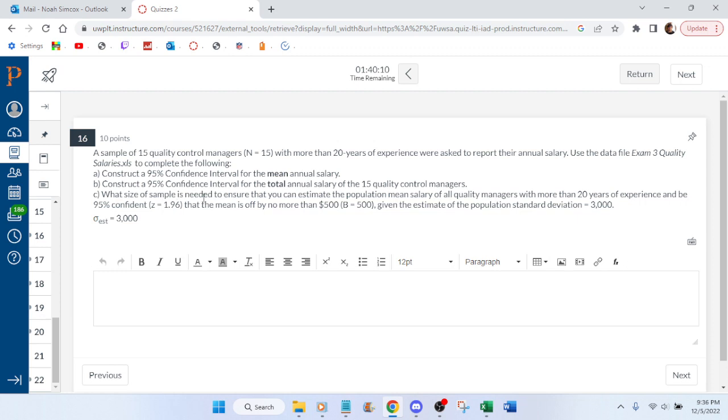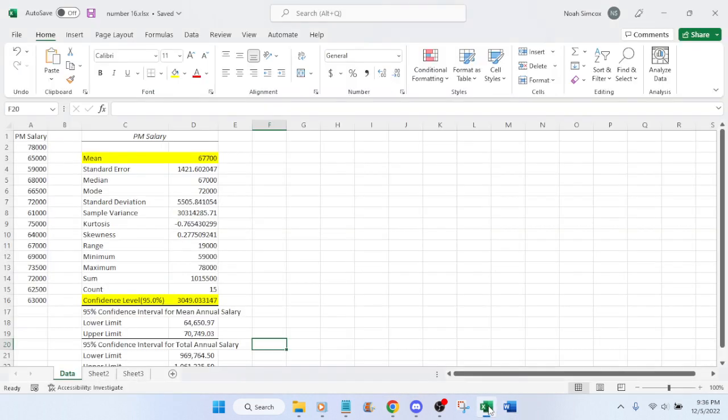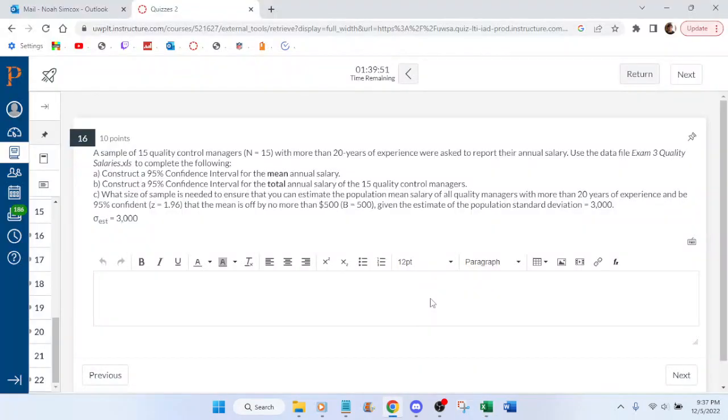What size of sample is needed to ensure that you can estimate the population mean salary of all quality managers? So we have part C up here, and we're going to use an equation.